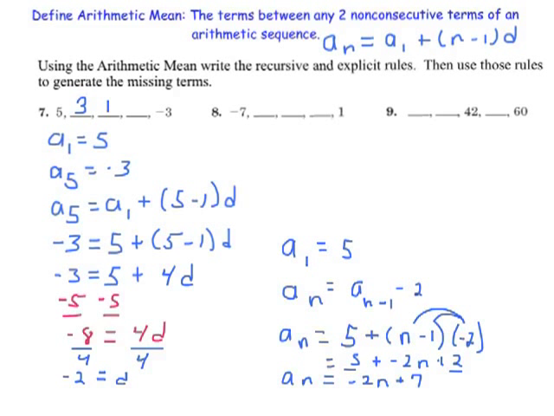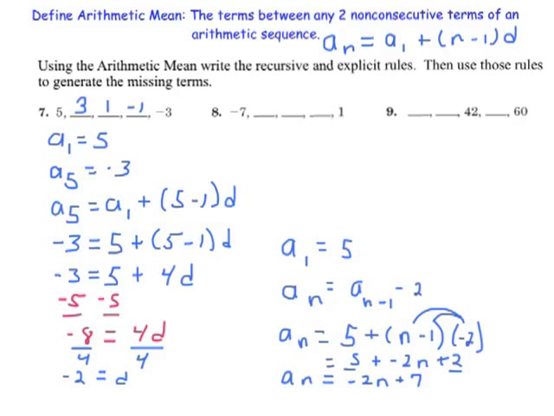Then minus 2 again is negative 1. And then lastly, it goes to negative 3 if I subtract 2 again. Now, I could also generate each of these by plugging 2 or 3 or 4 in for n to find the a sub 2, a sub 3, or a sub 4 terms.